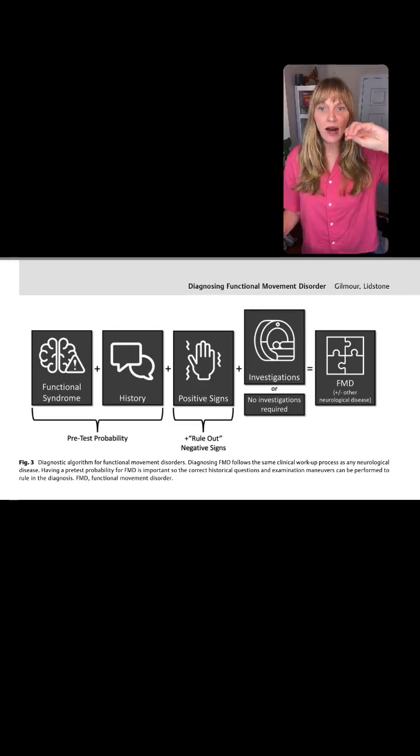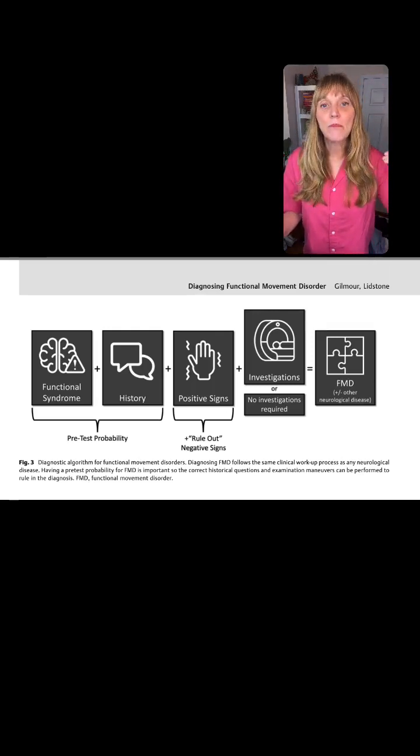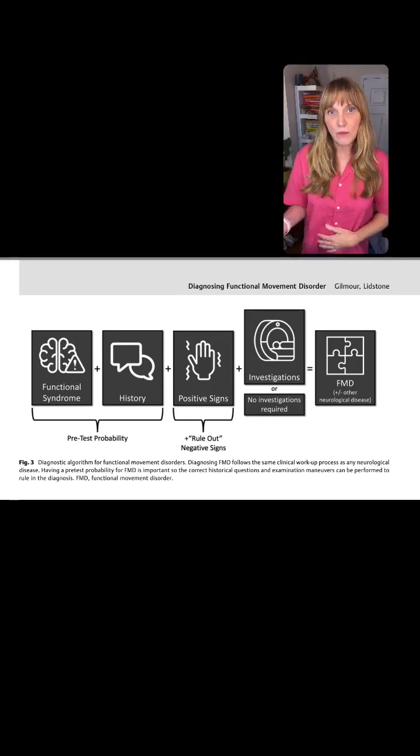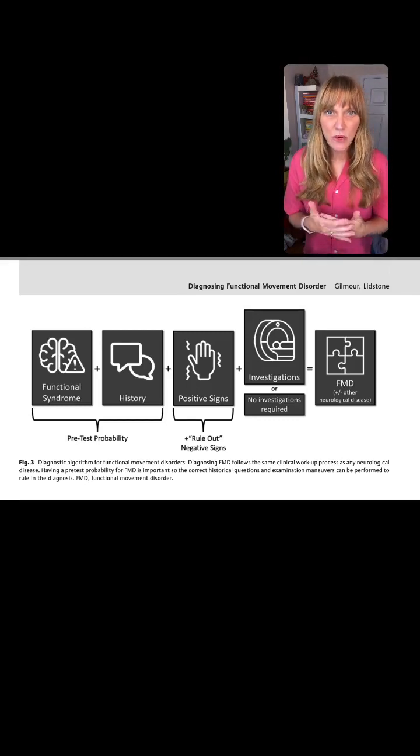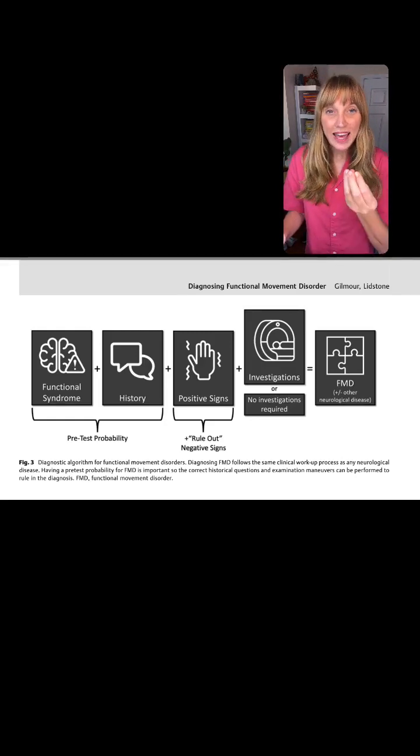This, I guess they call it a diagnostic algorithm. These are the steps that a neurologist should be going through with a person if they suspect any neurologic disorder, but a functional neurologic disorder in particular. It starts with a very, very good history.